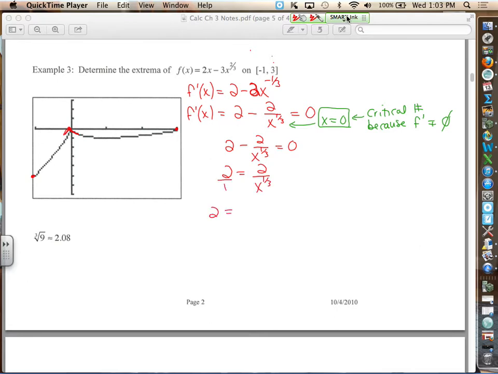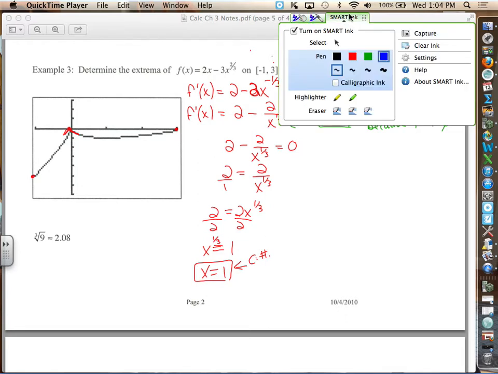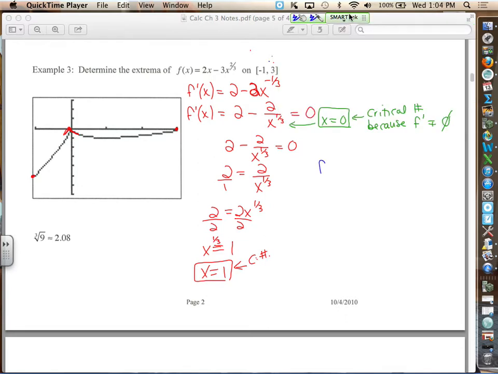I can cross multiply and divide by 2. I get x to the 1/3 power equals 1. So if I cube both sides, I get x is 1. So there's another critical number. So I have two critical values from where my derivative is 0 and where my derivative is undefined. I also have to plug in the endpoints of my interval.